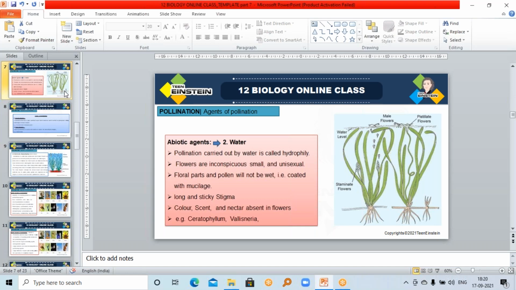Especially for some bryophyta and pteridophyta, the meeting of male and female gamete happens with the help of water. The male and female gametes meet in the water. Because of this, they need water for the transport of the male gamete.